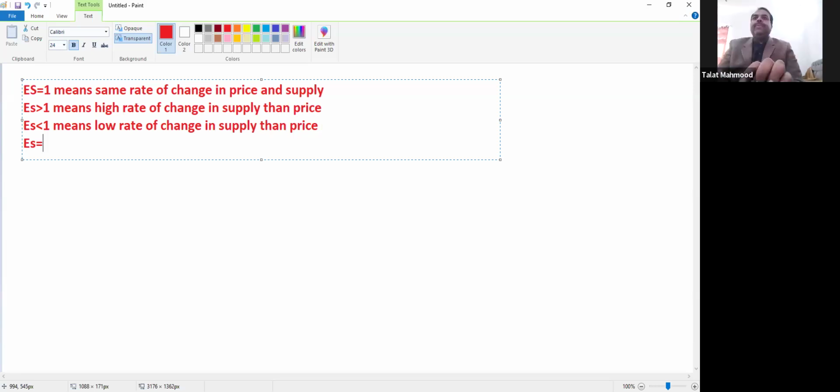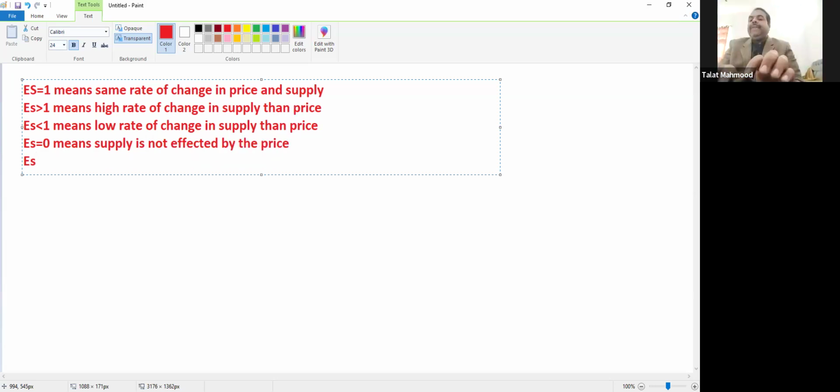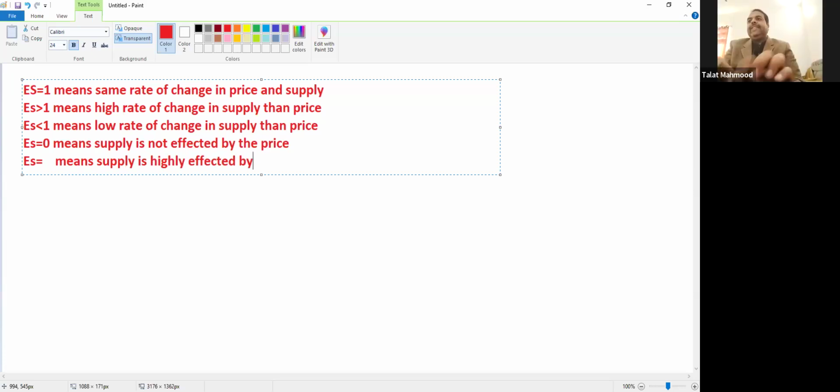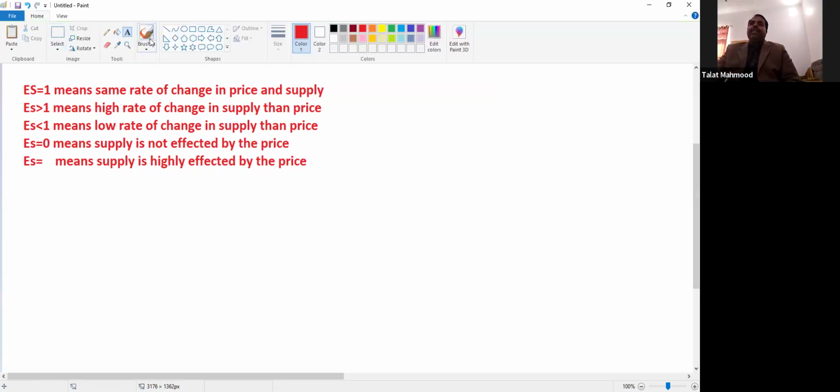Elasticity of supply equal to 0 means supply is not affected by the price. And when it is infinite, supply is highly affected by the price. So these are the four possible scenarios in this case.